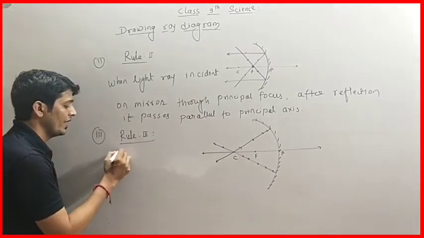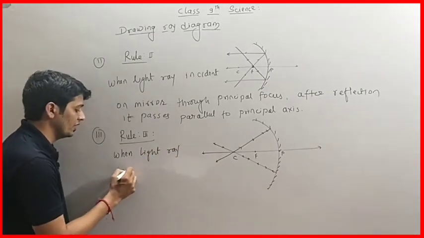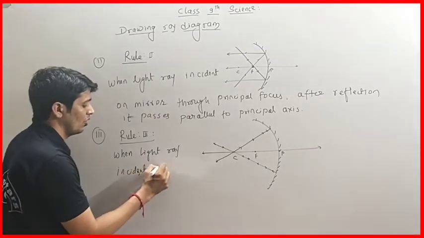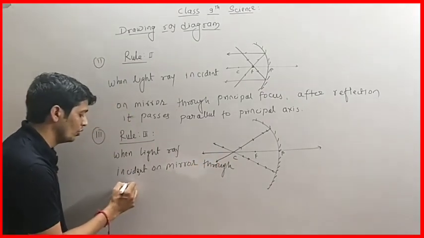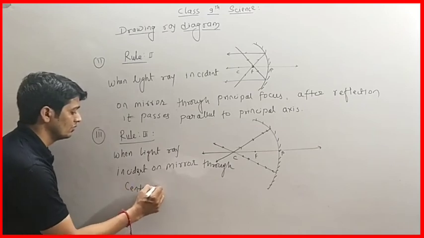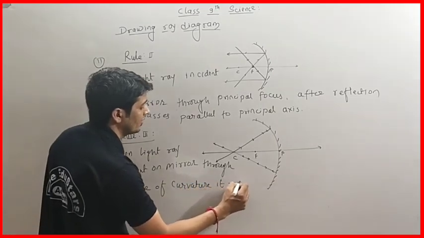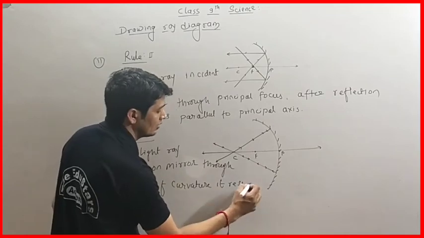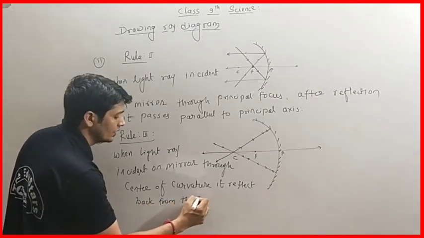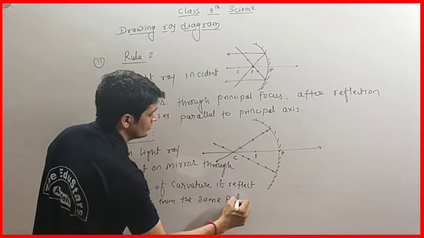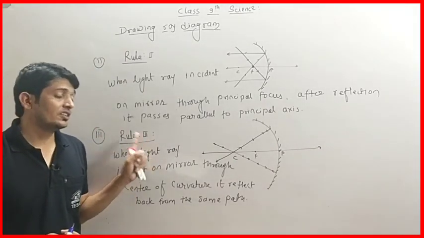It says, when a light ray is incident on the mirror through the center of curvature, it reflects back along the same path. It means the way it went, it will return by the same way. So this is rule number 3.